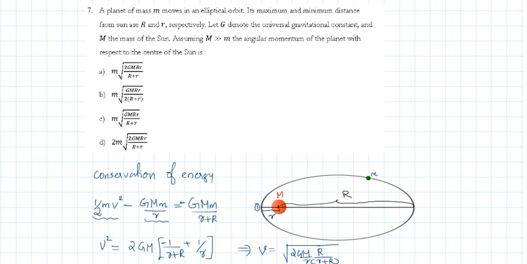This is true for any point. So you can equate the total energy at 1 with this value. That will give you the value of velocity. Rearranging and taking LCM, you will get v is equal to square root of 2GMR divided by small r into R plus r. Okay, simply take this term to the right hand side and rearrange, take the square root.